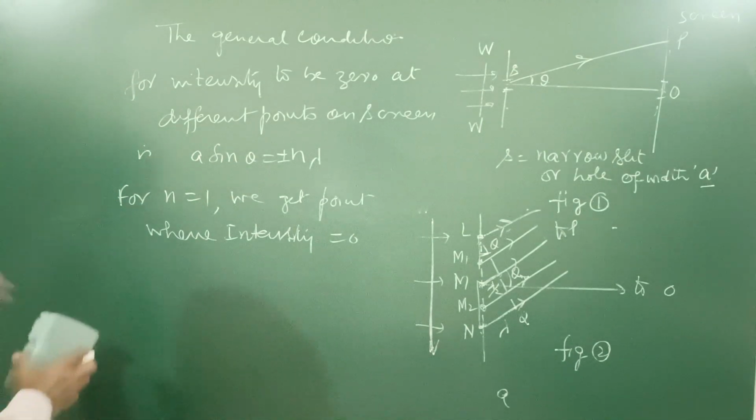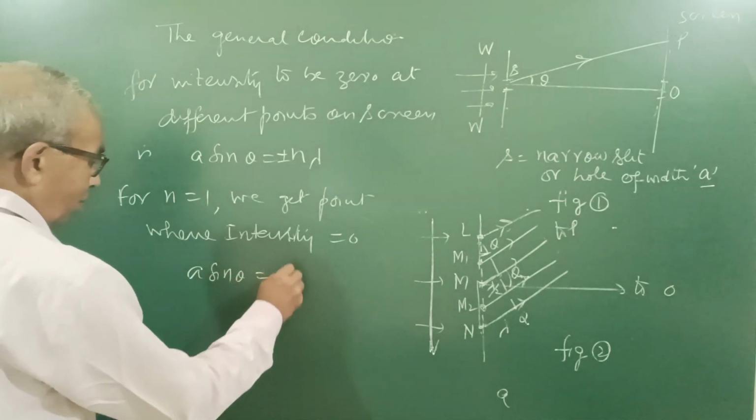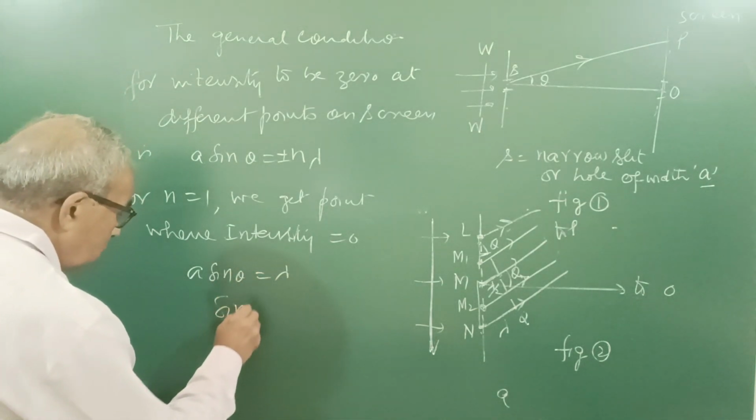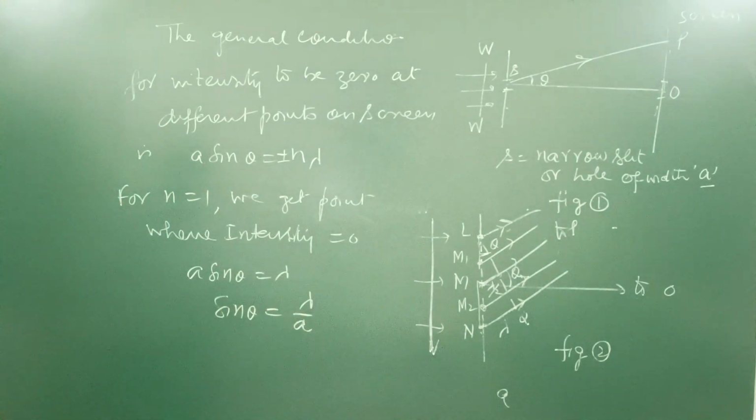And hence for point P we can write A sin theta is equal to lambda, or sin theta is equal to lambda by A.